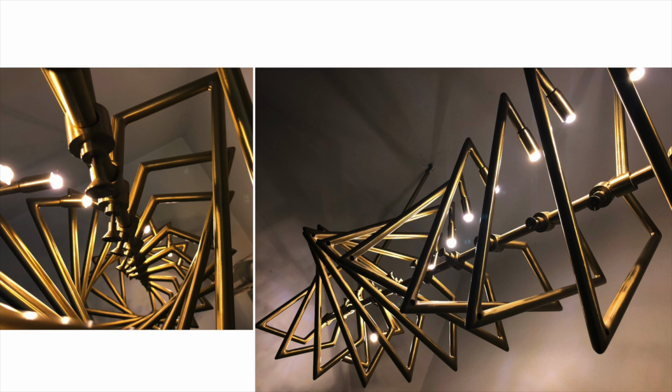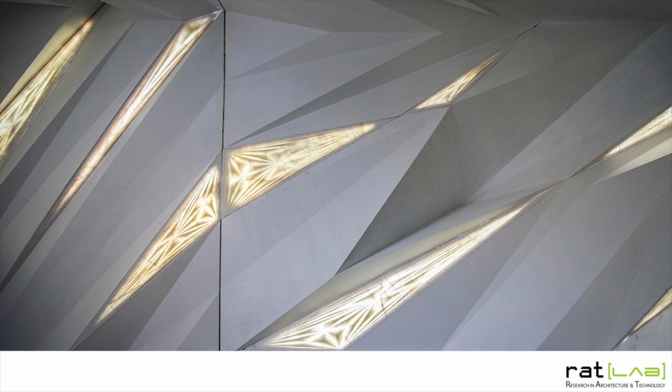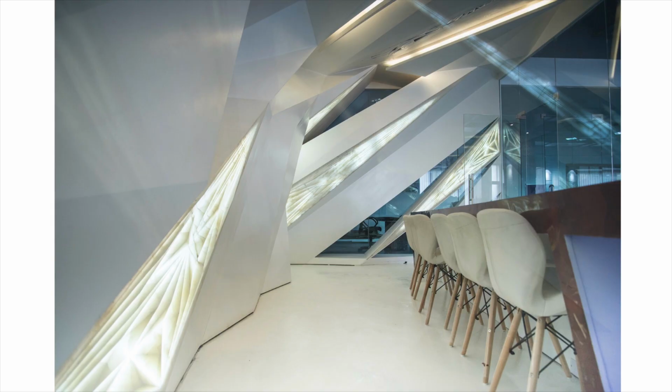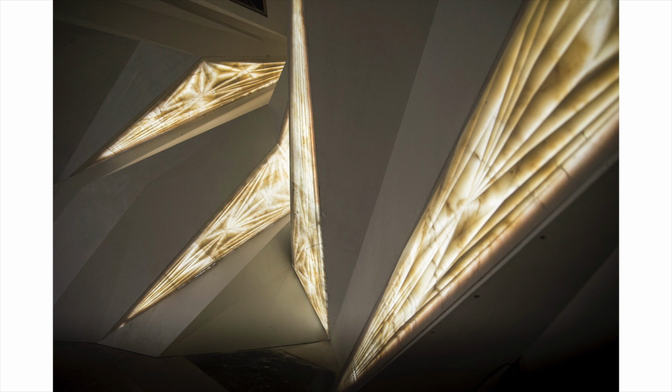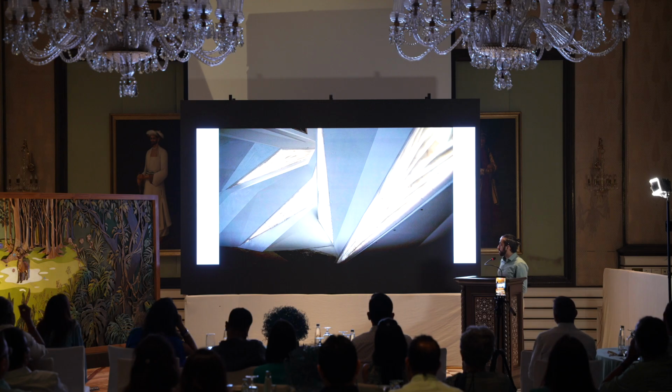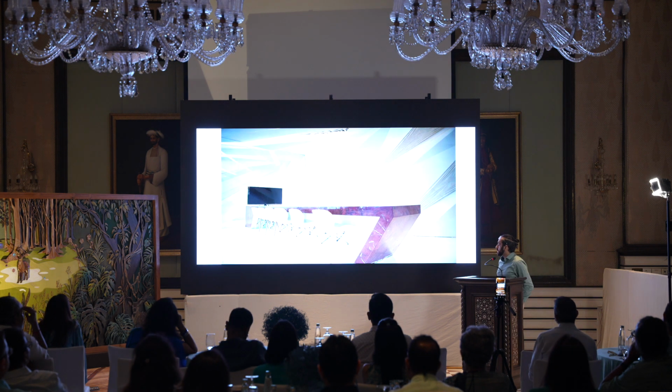There's an experience center where the light that you see is actually white marble, which we use as stone. We used CNC milled white marble and ran an algorithm to create a subdivision of these triangles, which could be replicated on the entire site. And after the algorithm is there, by the click of a button, you could produce the fabrication data, produce all the pieces, and put them together as backlit elements.